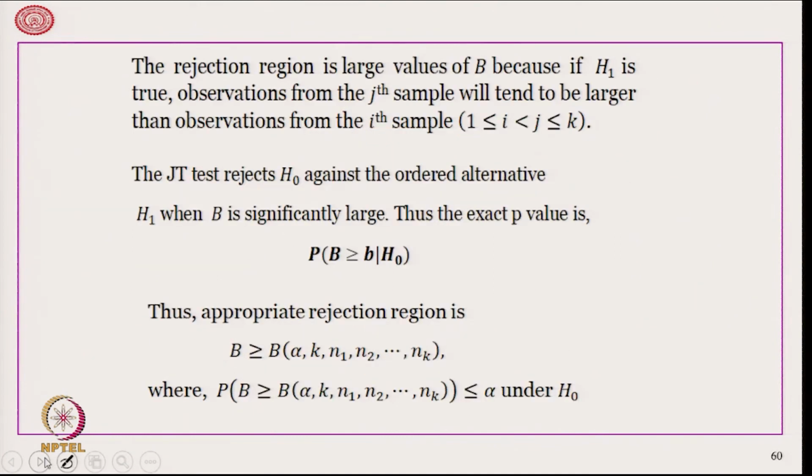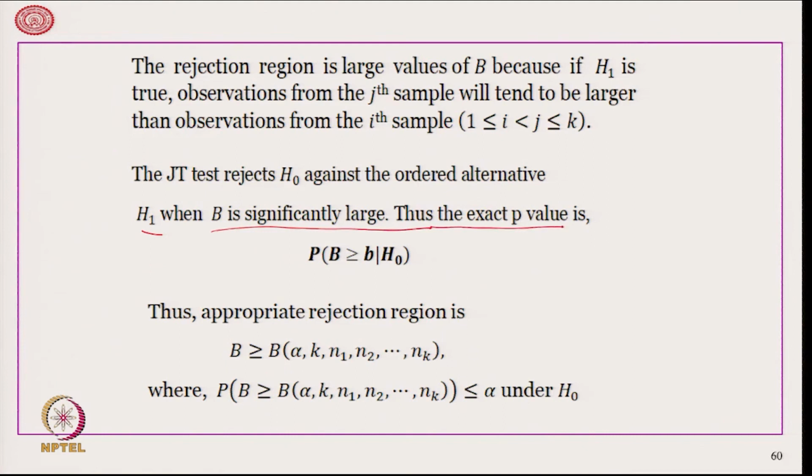The rejection region is large values of B, because if H1 is true, observations from the jth sample will tend to be larger than observations from the ith sample. The JT test rejects H0 against the ordered alternative H1 when B is significantly large.